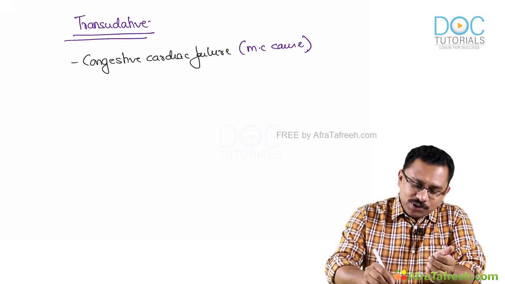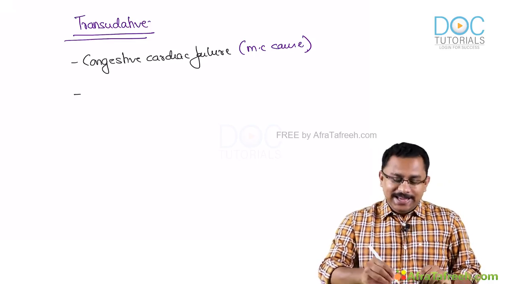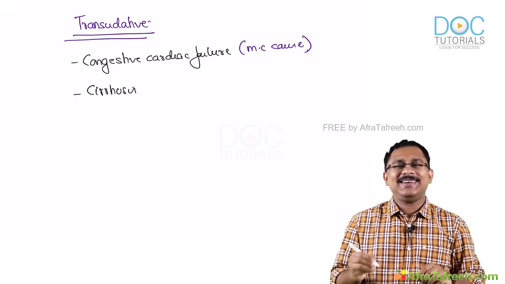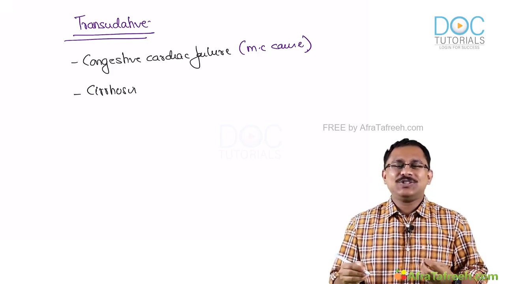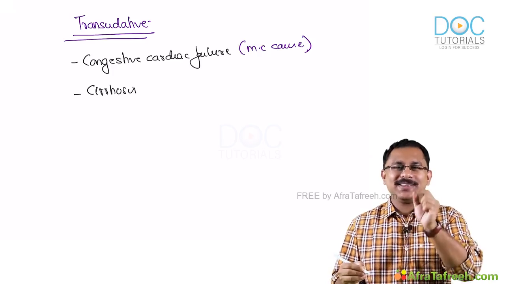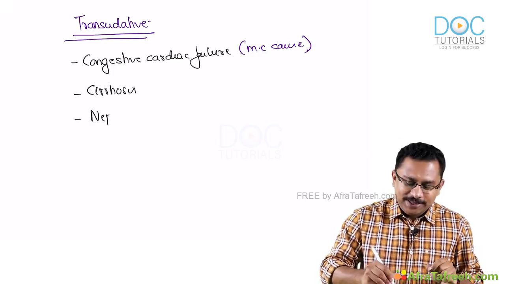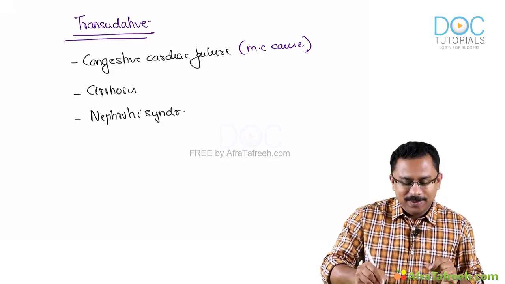Now this can also occur because of other causes like your cirrhosis, because you know that in cirrhosis you have hypoalbuminemia. So what will happen to the oncotic pressure? It will decrease. And the same happens in nephrotic syndrome. Nephrotic syndrome, again very important.